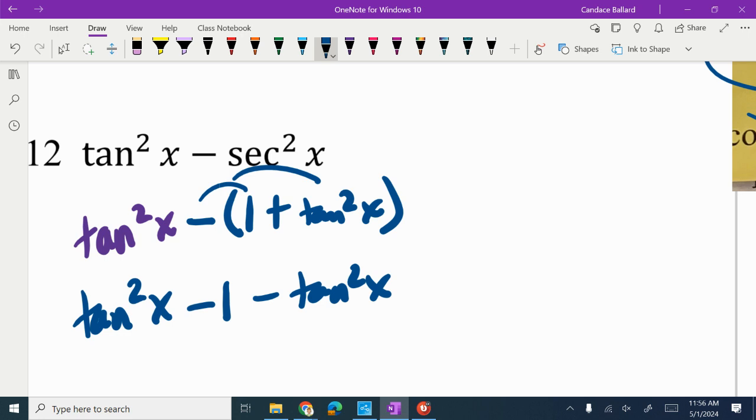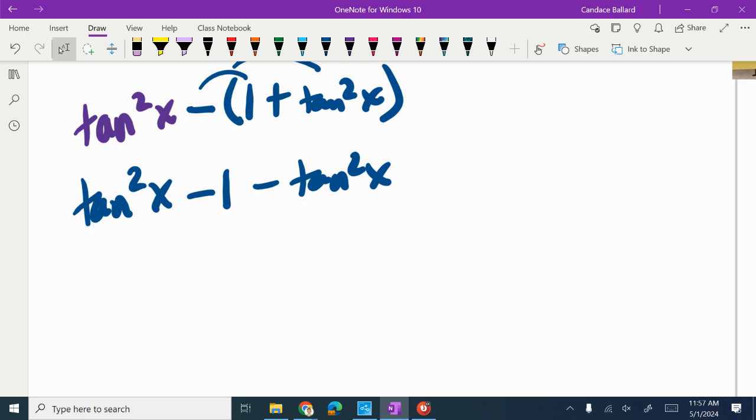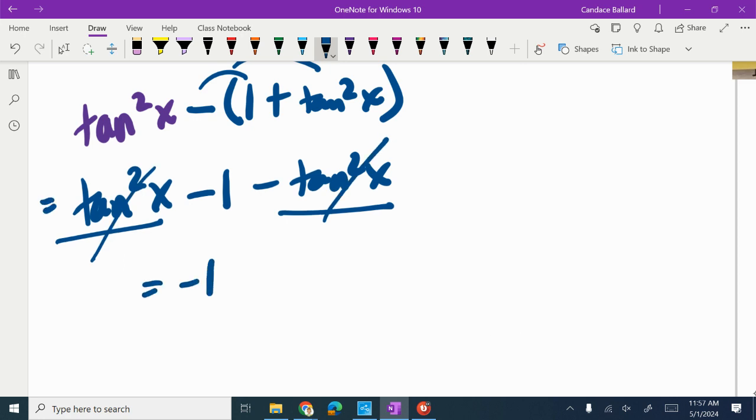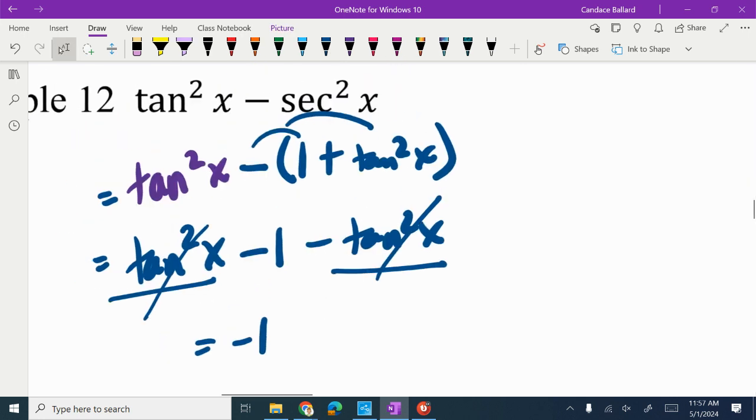Now it's combining like terms. Instead of x squareds, it says tangent squared x. Not a big deal. You can handle that. What happens? Aren't these the same thing, opposite signs? What do we do with same thing, opposite signs? Cancel out. What's my answer? -1. Is that one of our choices? Yeah. Any questions on example 12 there?